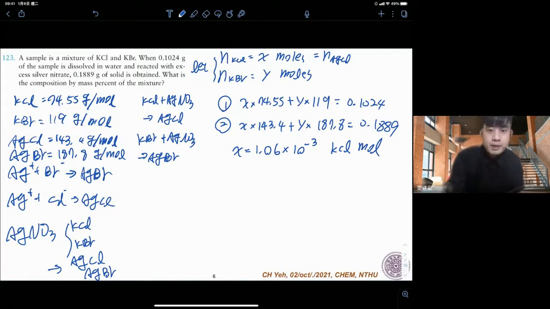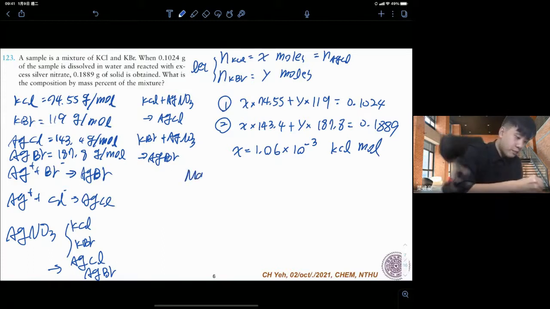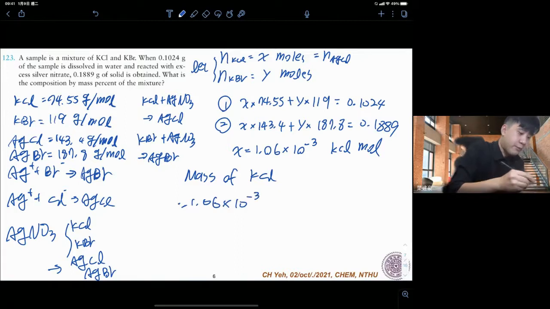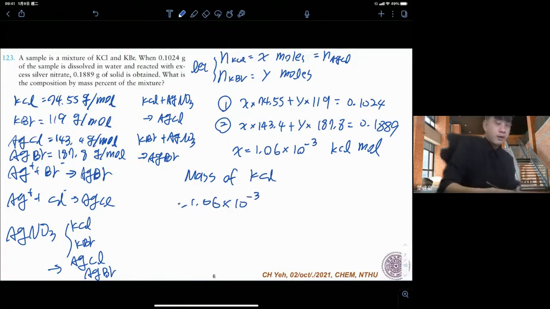So basically, the mass of potassium chloride is 1.06 times 10 to the power of minus 3 times the weight per mole, 74.55. I'm looking at my notes so I can calculate very fast.